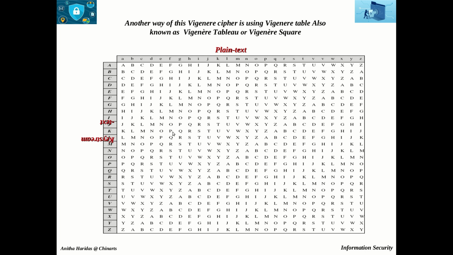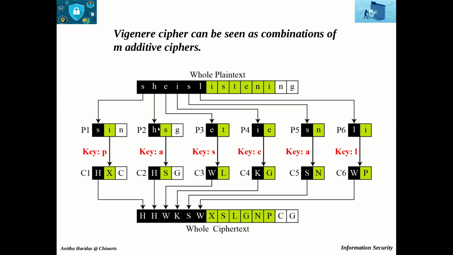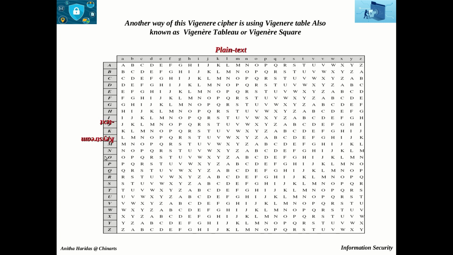Suppose, for example, the plain text character is G and the key stream character is K. The intersection of G and K is going to be Q. So G will be replaced by Q. Suppose, for example, the plain text character here is S and the key stream character is P. So let us take S from the plain text and P from the key stream.